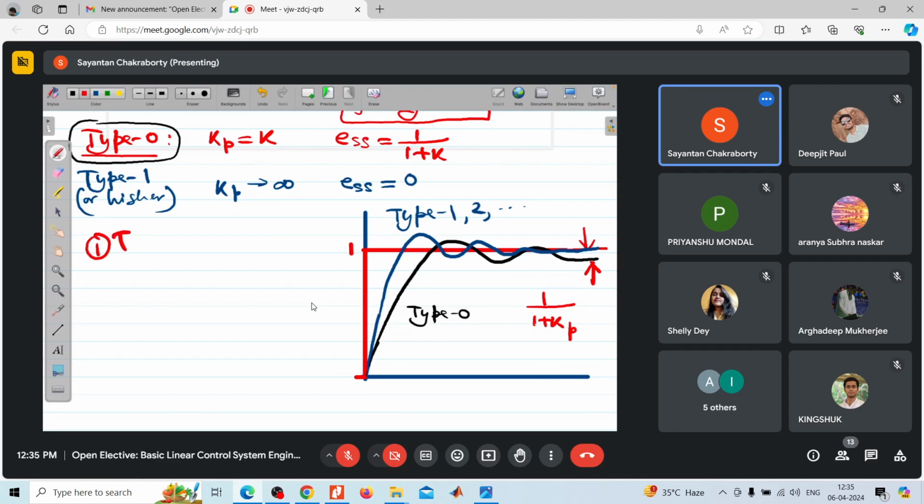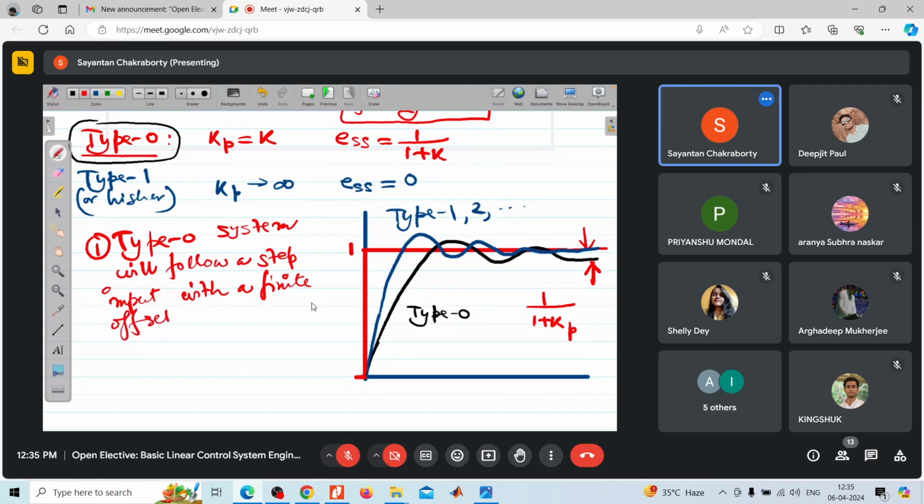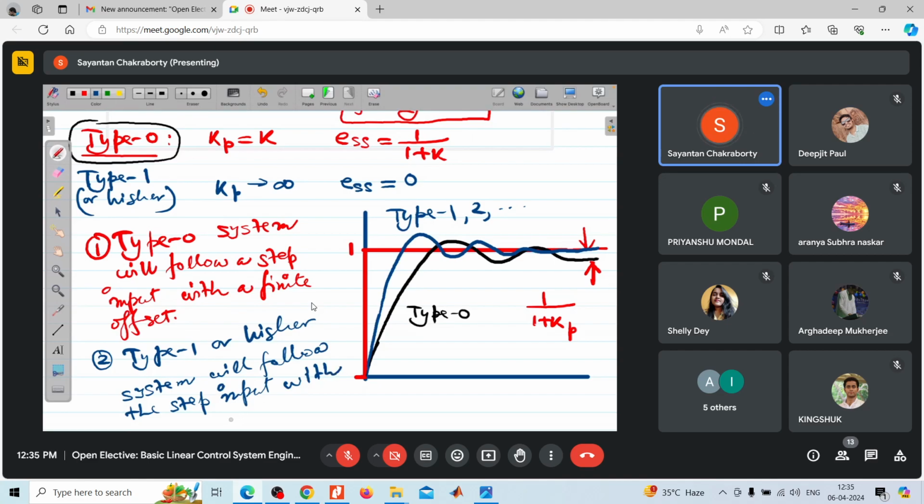If I conclude, with a finite offset. Type 1 or higher system will follow the step input with no offset.